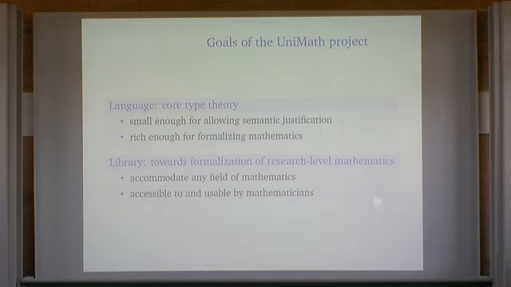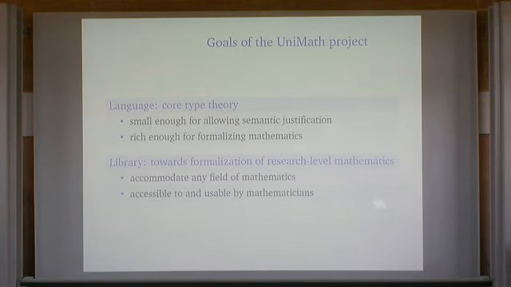In terms of our goals for the library, we want to have a library that is usable by professional mathematicians and that goes beyond, let's say, undergraduate mathematics. In particular, we are not specializing on any particular field of mathematics. You will see that there's a lot of different mathematics in the Unimath library.